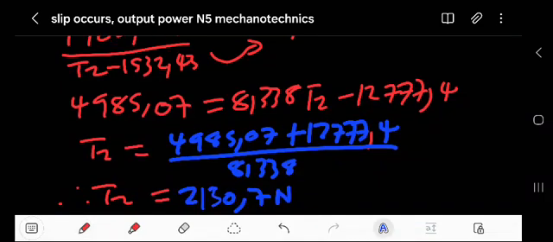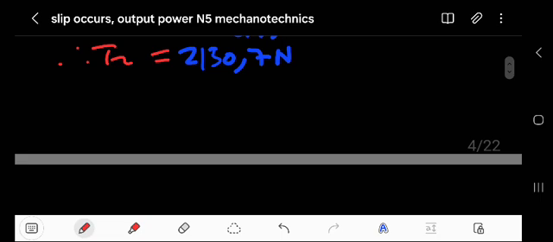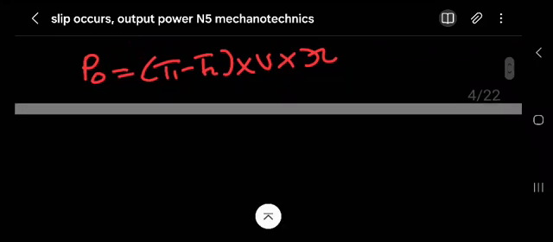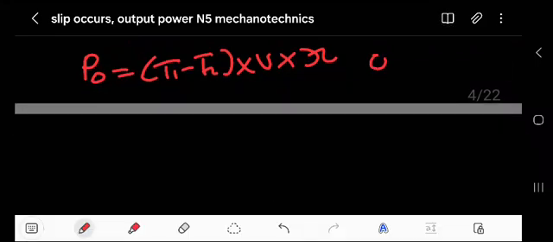Yeah, we have T2 now. We can calculate the power. We said output power, I've shown you guys, will be T1 minus T2 multiplied by velocity multiplied by efficiency. I did show you how to derive this from the output power equals input power. Remember, this is simply the input power.